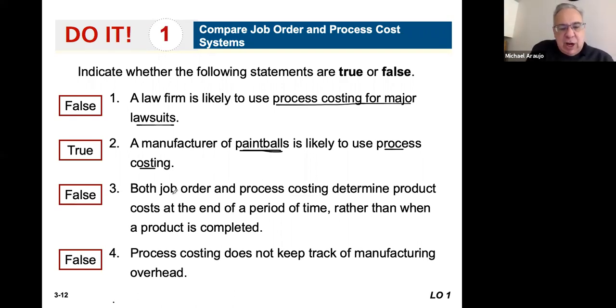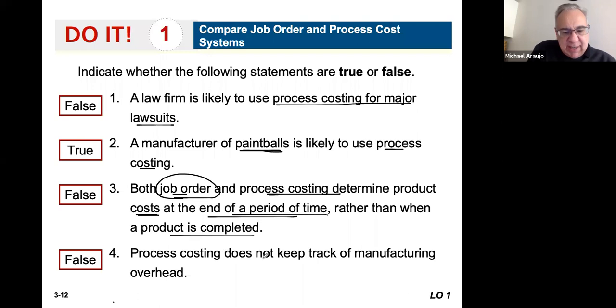Both the job order and the process cost system determine the costs at the end of the period. No, that's not true. The job order system totals the costs once the job is done, but the process cost system calculates the cost at the end of a period of time. So that's false.